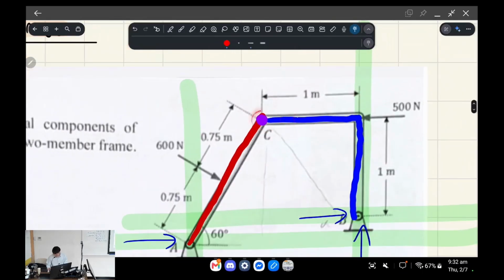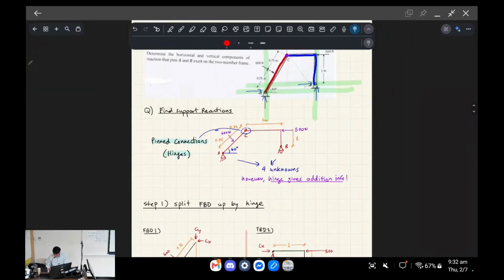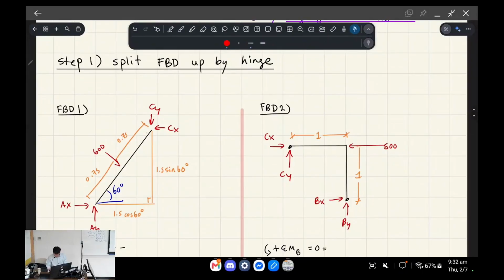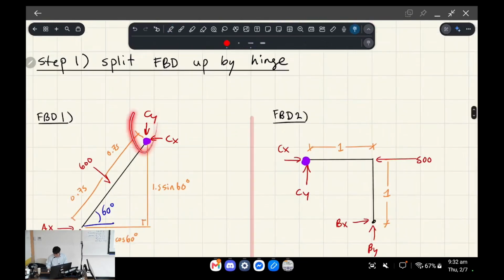The other thing, which I'll just show you once we've split it up, okay? So we've treated it like a pin support, right, in terms of its reactions, but what you'll notice is that where the hinge was, we actually have an additional bit of information, and that's that whatever the vertical reaction, for example, was at that hinge on the left-hand side has to be equal and opposite to the reaction on the rigid body on the right-hand side, okay?